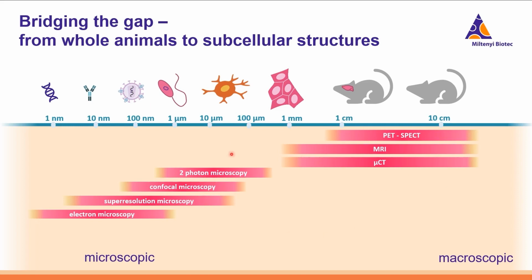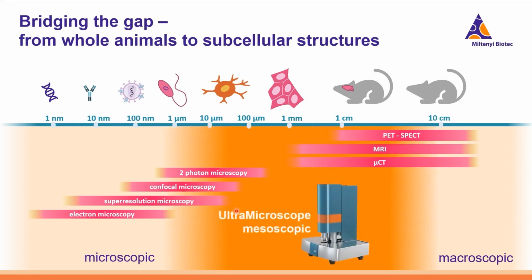However, you see a clear gap here. If you want to study the cells or small structures inside a bigger tissue, for example, or a whole animal, then you may need a light sheet microscope. This was just an introduction.